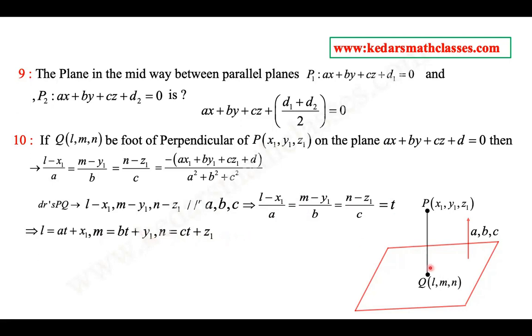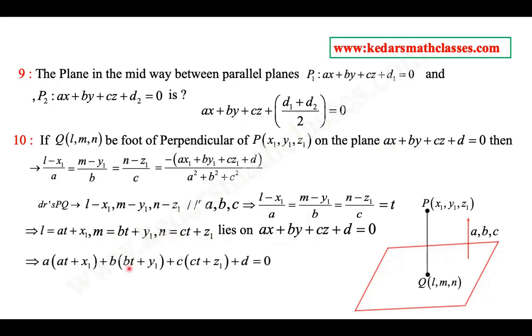Now this point Q(l, m, n) lies on this plane equation, which means l, m, n are substituted in this plane. Once substituted, a into (at plus x1) plus b into (bt plus y1) plus c into (ct plus z1) plus d is equal to 0.